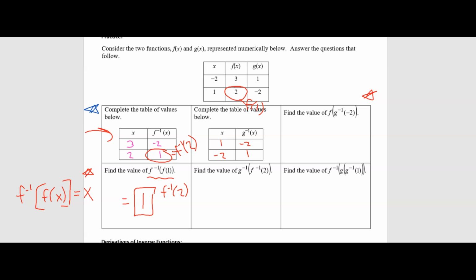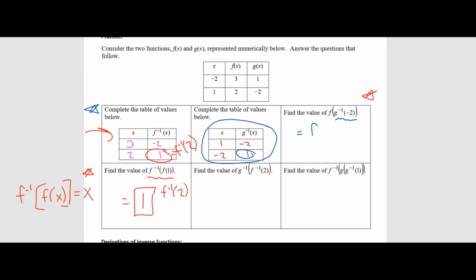So when we're working with composite functions, we always evaluate the inside function first, or the innermost function, because you could have a composite function with 3 functions like we have down here, but we just always do the innermost function first. So g inverse of -2, well, we're going to be looking at this box right here. g inverse of -2 is equal to 1.